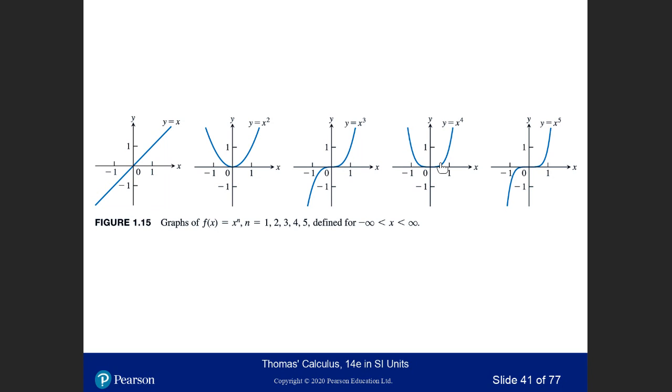It's a power function, power 4, and y is equal to x to the 5. That's again, since 5 is odd, when x is negative, y is negative. So these are power functions.